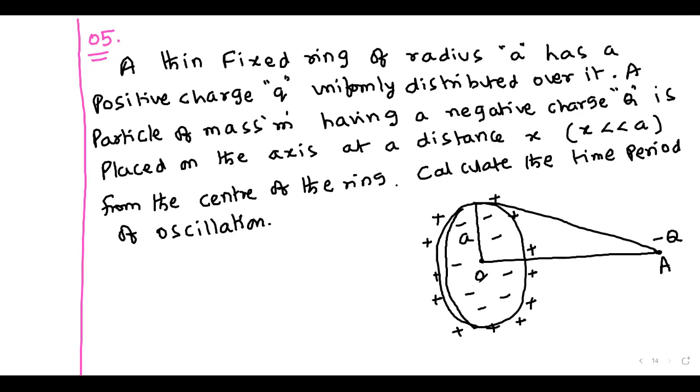In later topics we'll know why positive charge only lies on the surface. Draw the diagram, and this distance is x. It makes an angle theta.